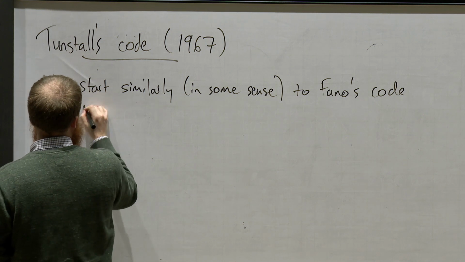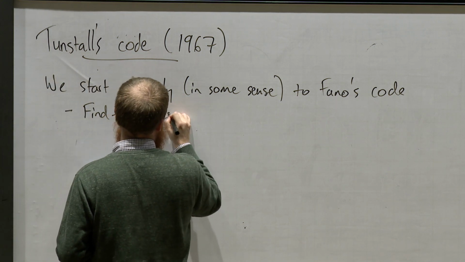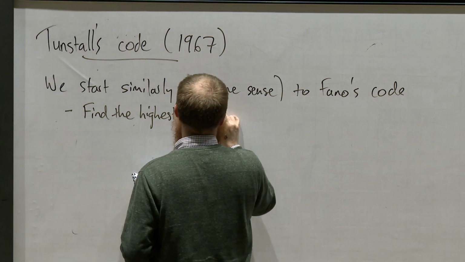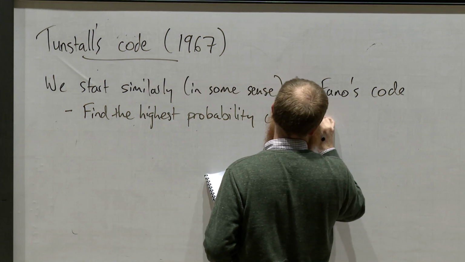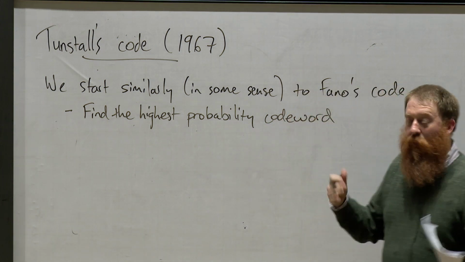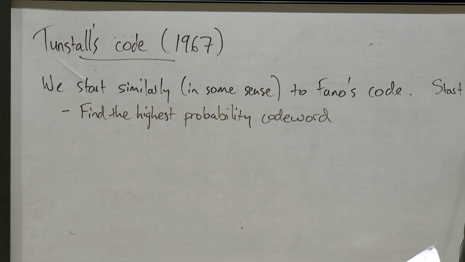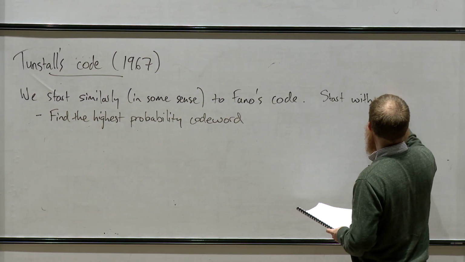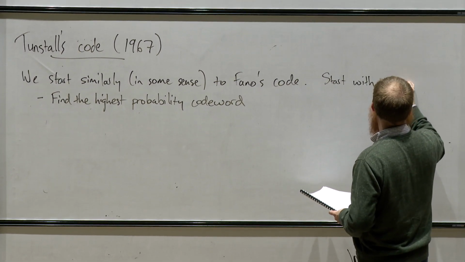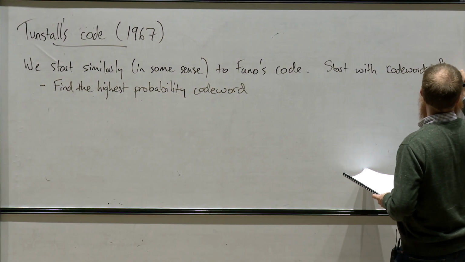So we find the highest probability code word. So we start with code words 1 through to M.